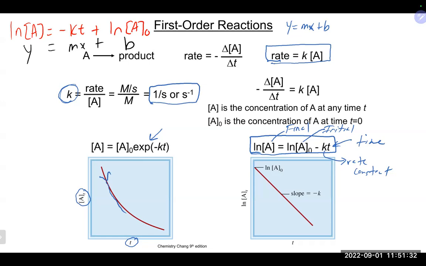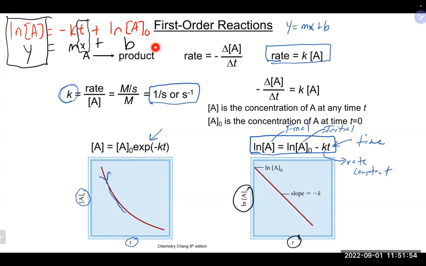This is important because this tells us pretty much what the graph for a first order should look like in a linear relationship. On the y, you should plot the natural log of A, which is what we see here. On the x, you should plot time, which is what we see here.